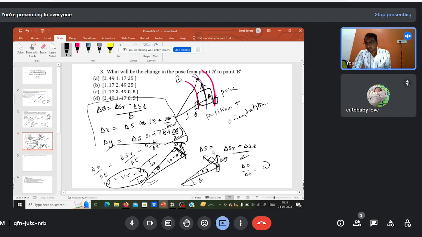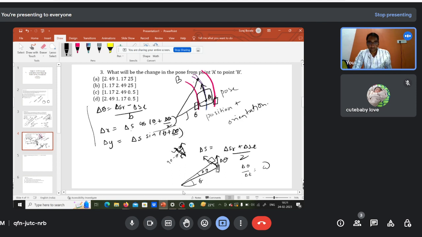Okay, if you substitute, let's see, can someone try to substitute the values and give the answer very fast? Okay, I have given you the formula, just substitute the values. So we have already found delta S. Delta S is 2.75.